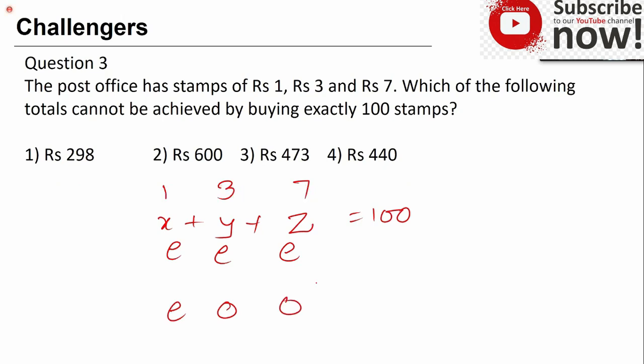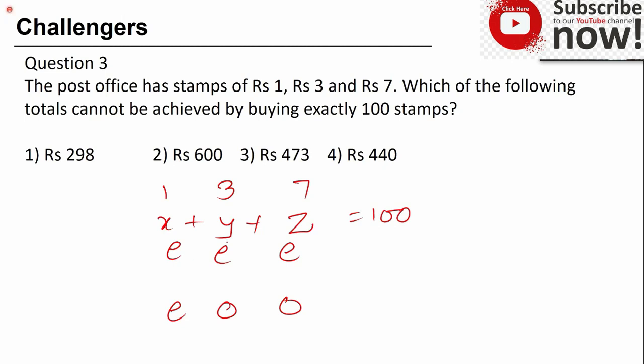Only two ways to achieve, right? I cannot have all three as odd, or only a single one as odd. So that's it. These many ways are there.